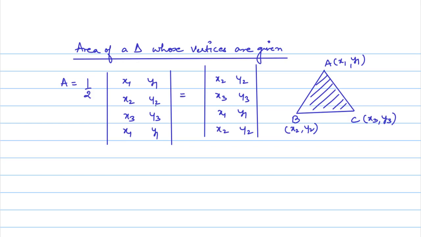Now what we have to do is start knitting. Multiply x1 with y2 and subtract x2 into y1. Then multiply x2 into y3 and subtract x3 into y2. Then multiply x3 into y1 and subtract x1 into y3.